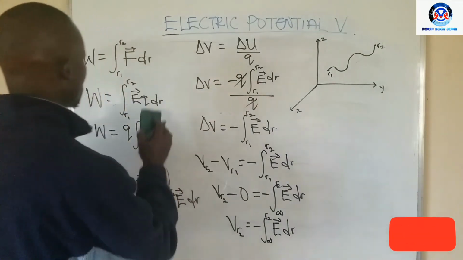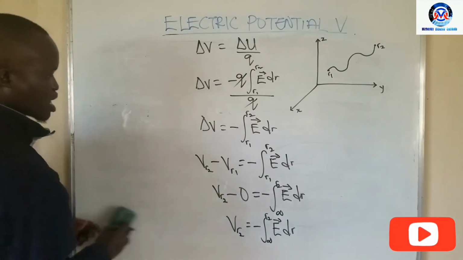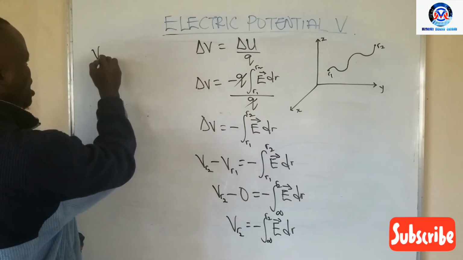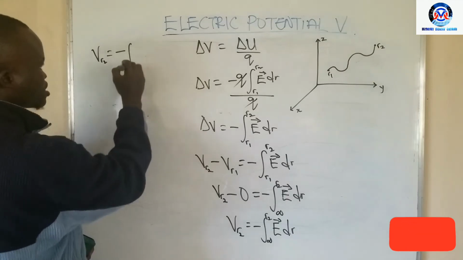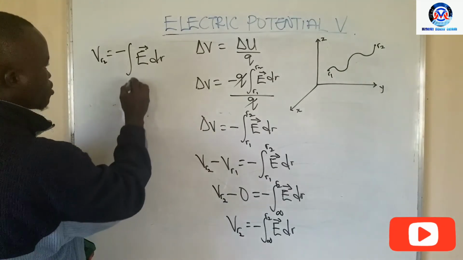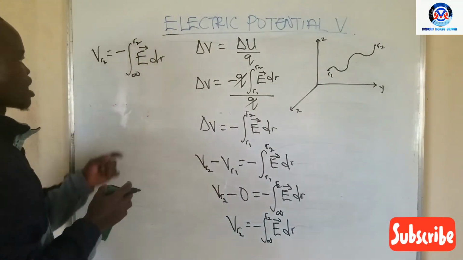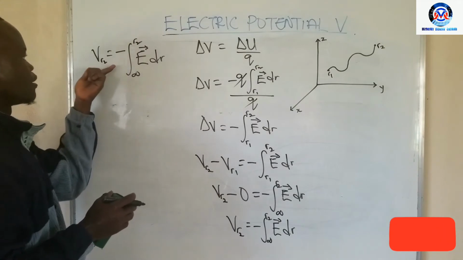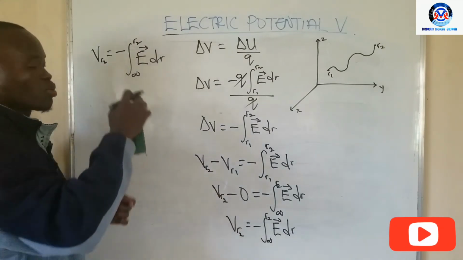Let me put it up so that we can see it clearly. The potential at R2 is negative integral of the electric field vector dr from infinity to R2. This is the potential at point R2.